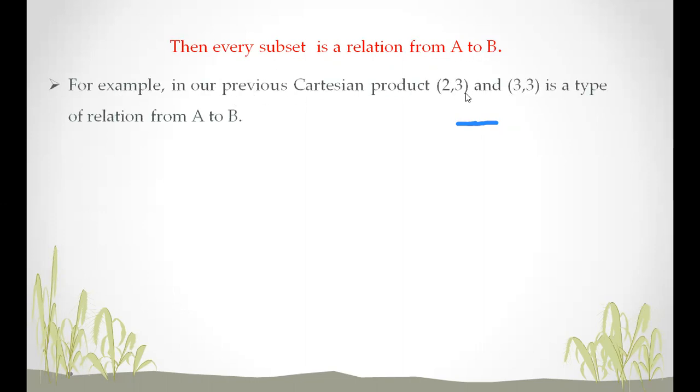In our previous Cartesian product example, we choose one subset, for example (2, 3) and (3, 3). This is a relation. (2, 3) makes a relation, and (3, 3) makes a relation from A to B.